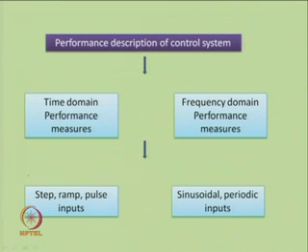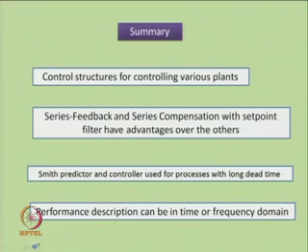Now, time domain performance measures are obtained with step, ramp or impulse inputs, whereas frequency domain performance measures are generally obtained with sinusoidal periodic inputs to the closed loop systems. So, performance description of control systems will be discussed in detail at length in our next lecture. Let me conclude with this lecture.